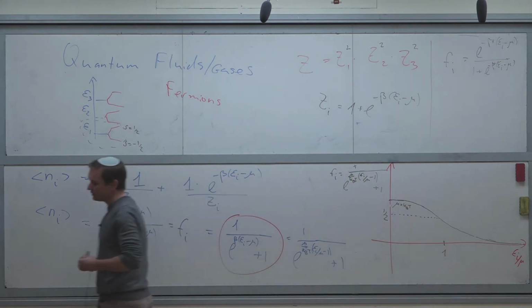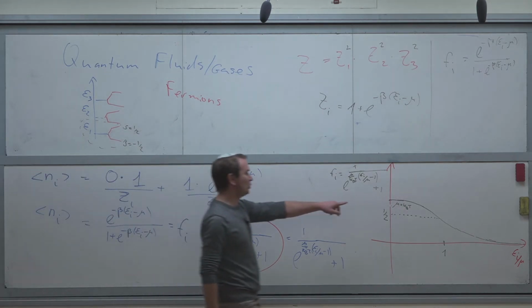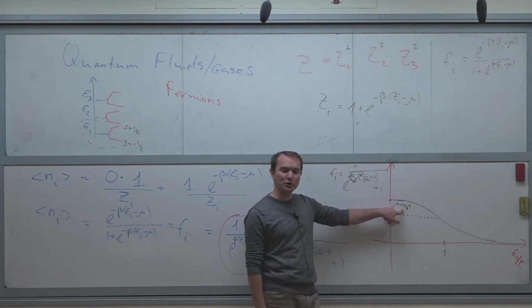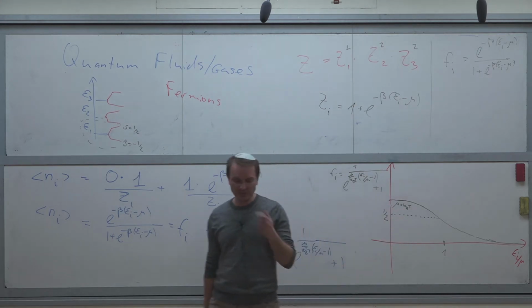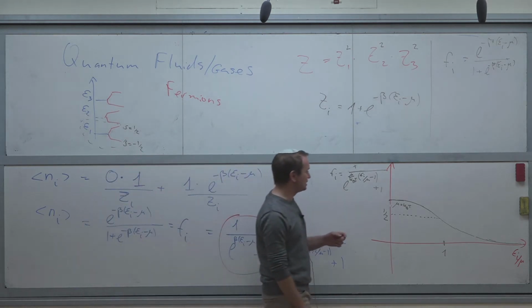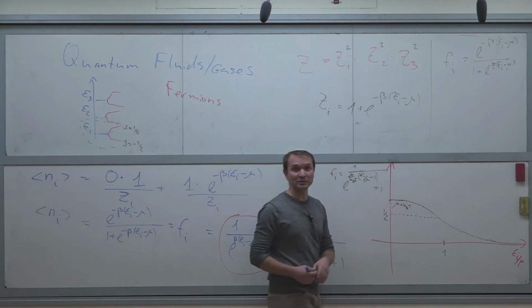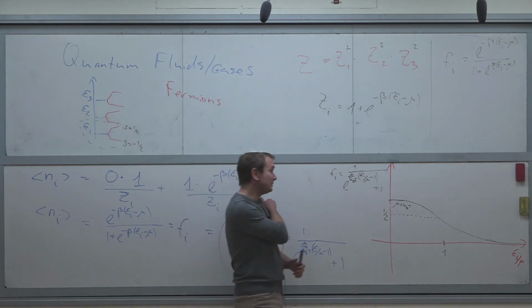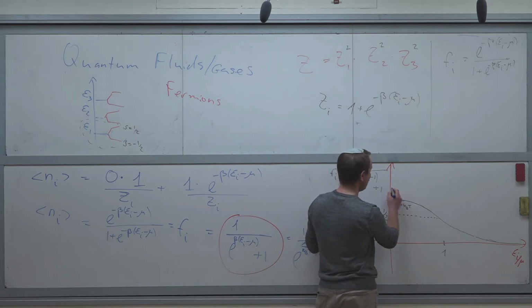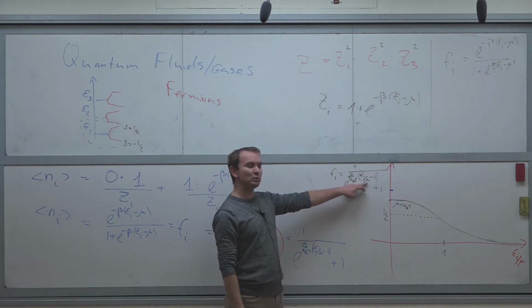Now we can raise mu. Mu is the chemical potential. It has units of energy, joules actually. So we can raise it up to something like 5 or 10 k Boltzmann T. Then we will start with a value which is much closer to 1 when epsilon divided by mu equals 0.